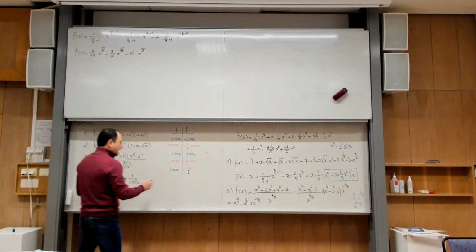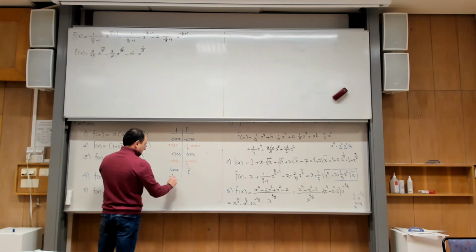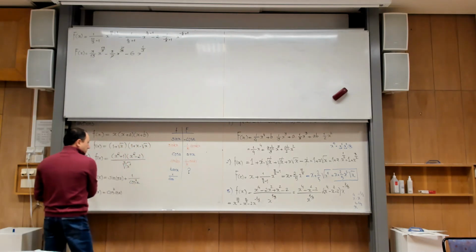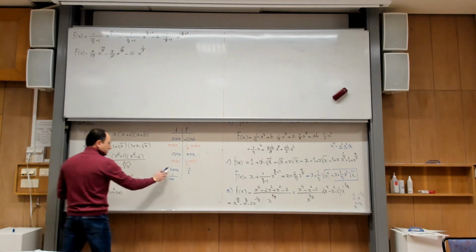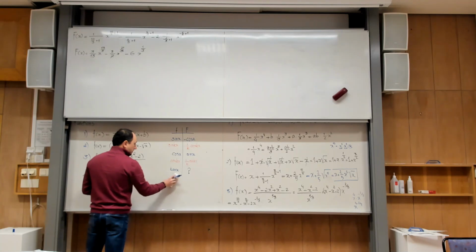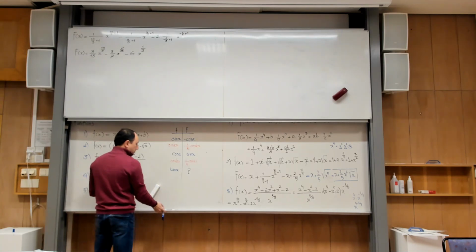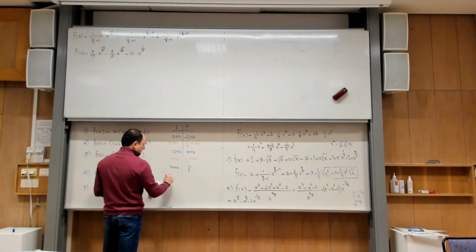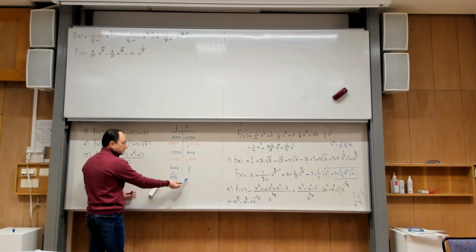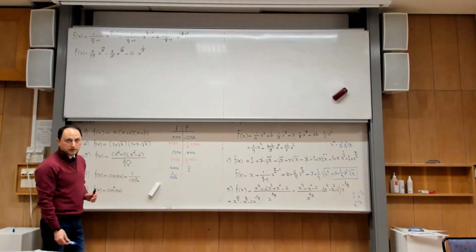But what we had is this one. Don't get confused, okay? If I ask you what is a primitive function for this tangent, you still don't know how to answer that. But if I ask you what is a primitive function for 1 plus 1 over cosine squared, it means that I am asking you, give me a function whose derivative is 1 over cosine squared x.